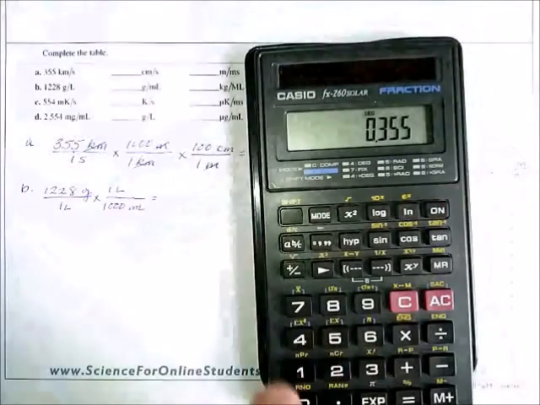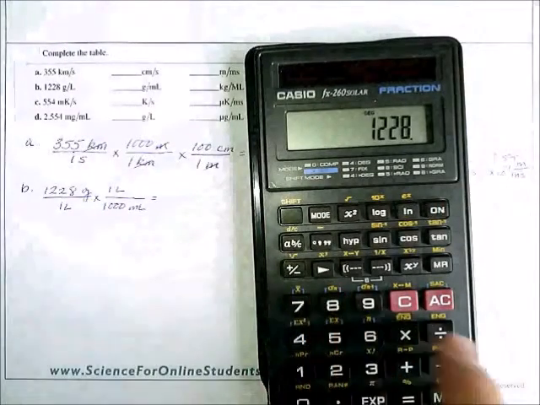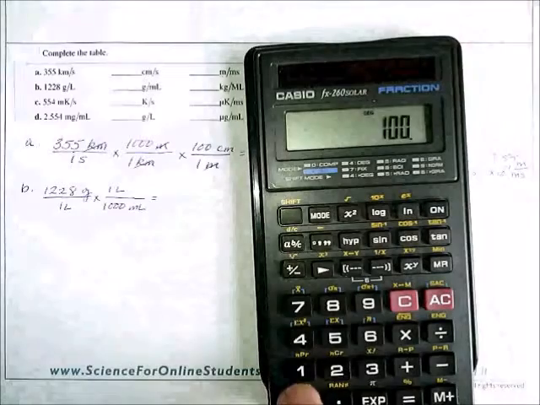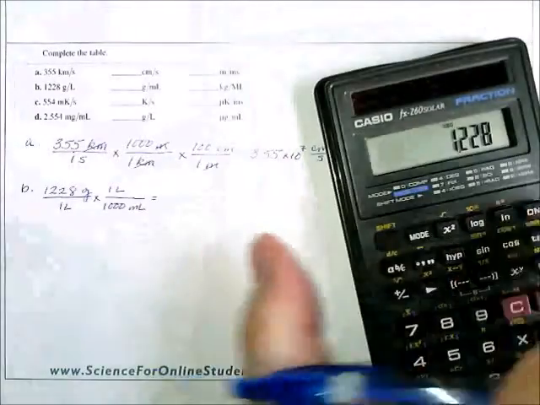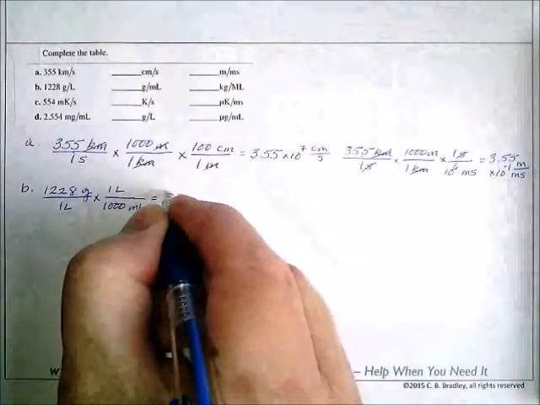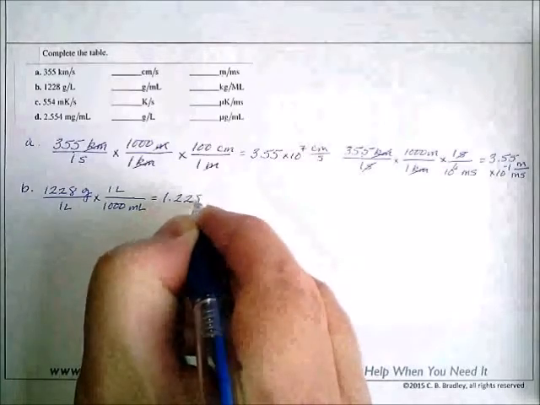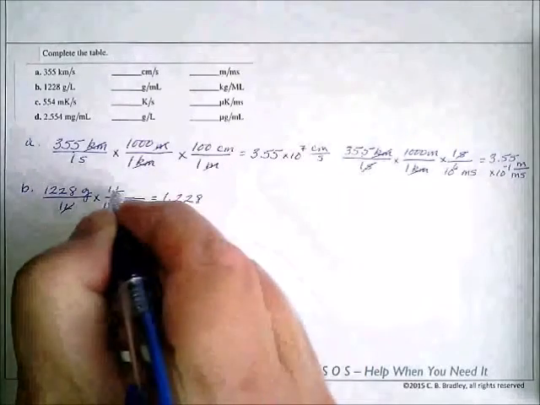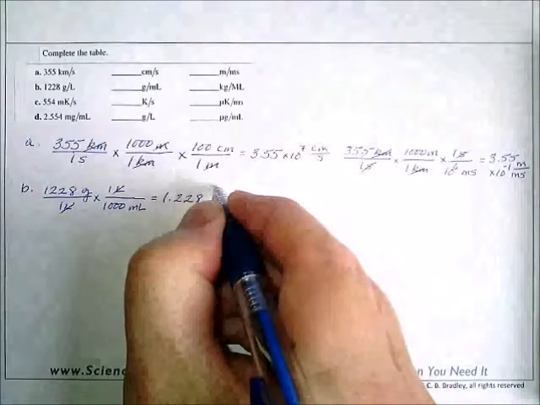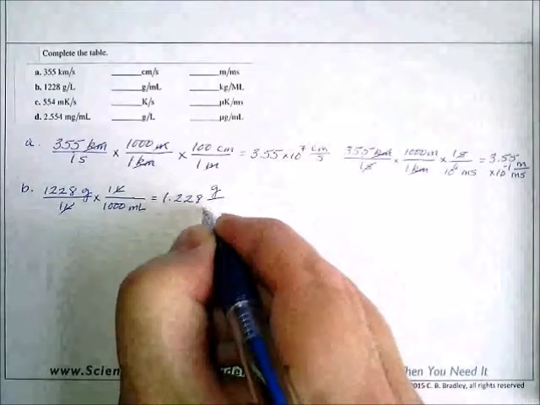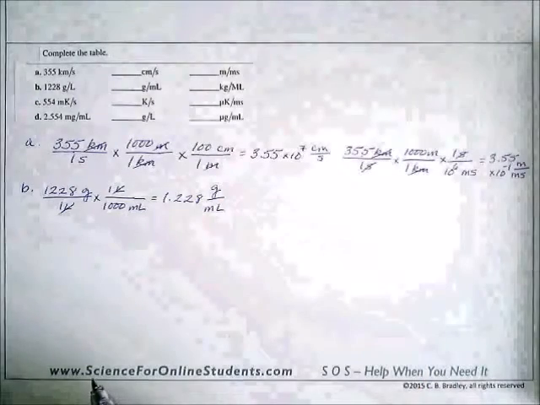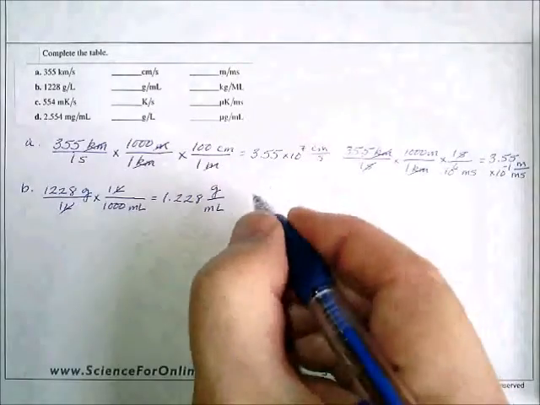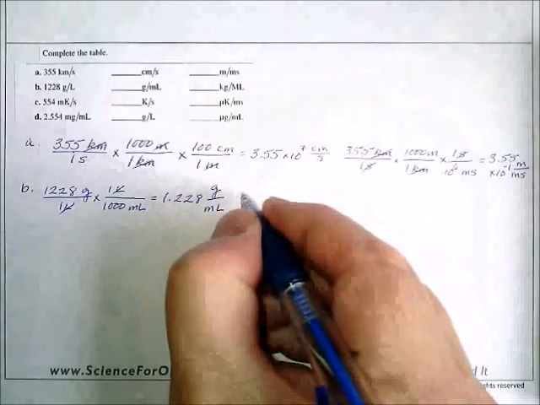So 1.228 divided by 1,000 equals 1.228. And our units are grams per milliliter. That is a density unit, which we'll see very shortly.